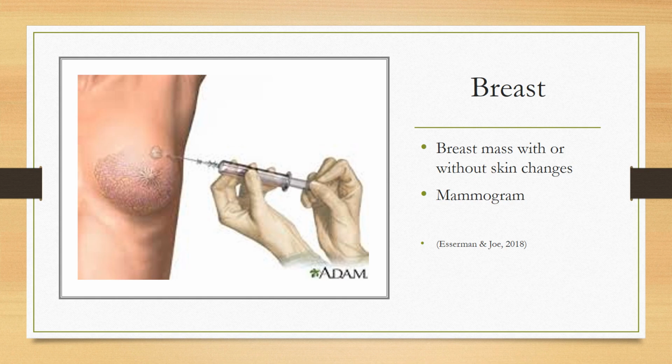And again, these masses could be palpated or an ultrasound may be used to help the provider find this lesion in order to successfully pull the correct tissue out of those lesions specifically.